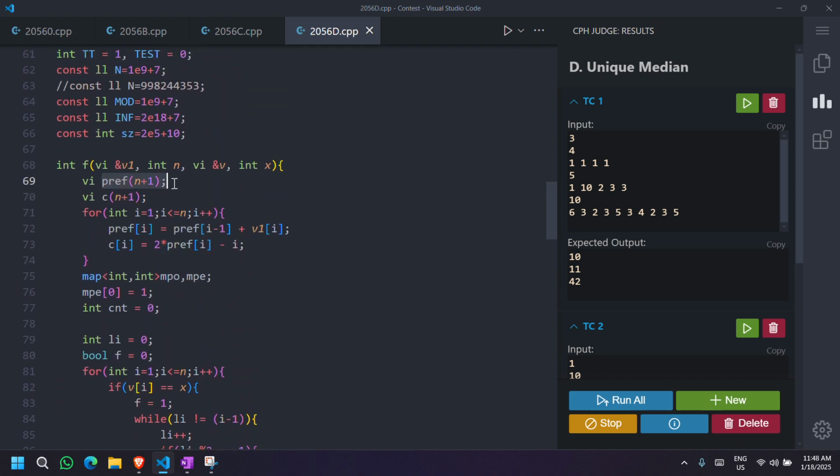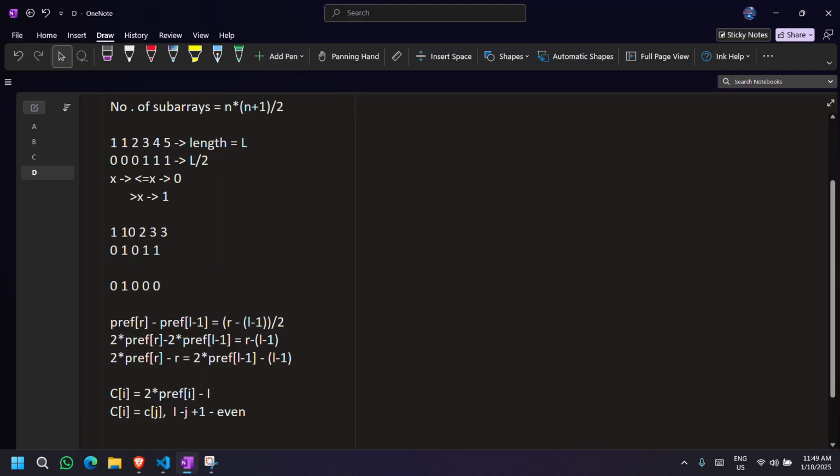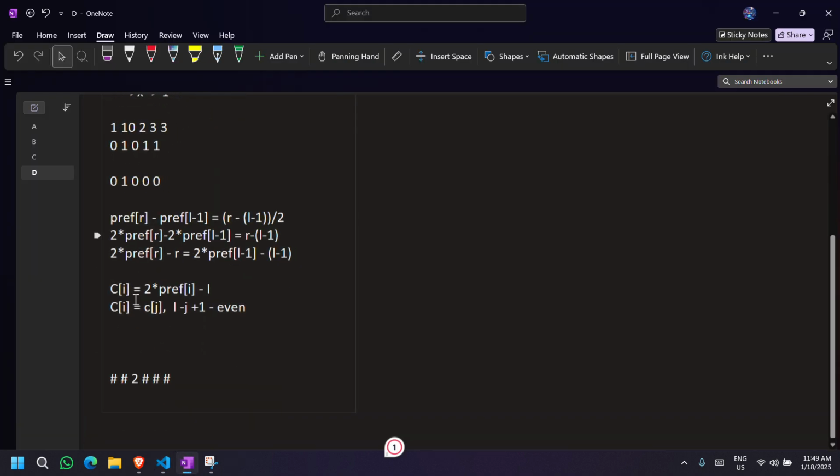So let's see this function. I am calculating the prefix sum, and the array C, which is basically equal to 2 times prefix of i minus i, and I am maintaining 2 maps for calculating this part.